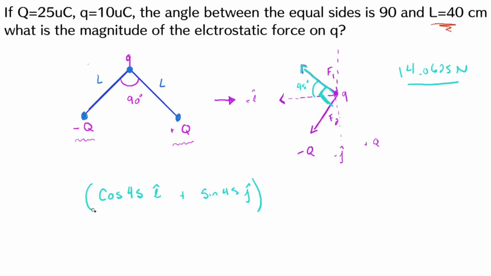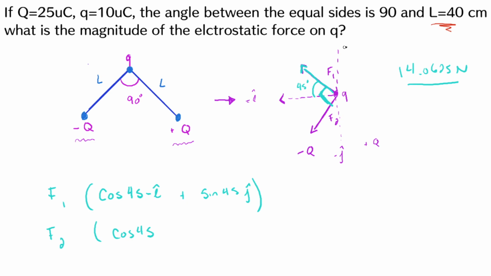So I'm going to do my force. Force 1 multiplied by cos 45 plus sine 45. I am also having my force 2, which is affecting this. And this is going to be cos 45. Sorry, this should be negative i hat direction because we're going negative i hat.